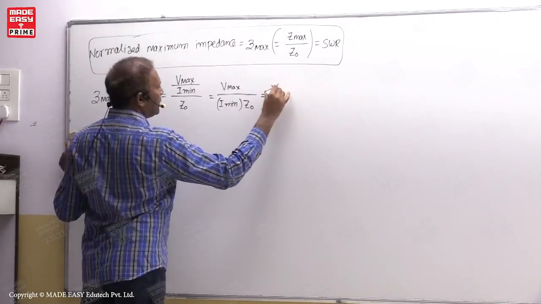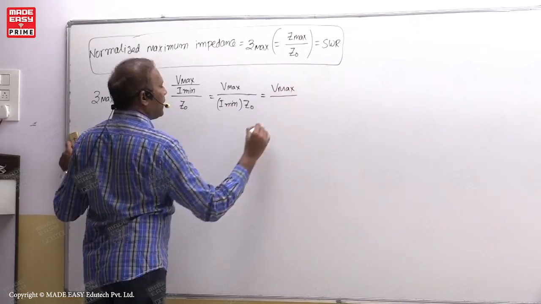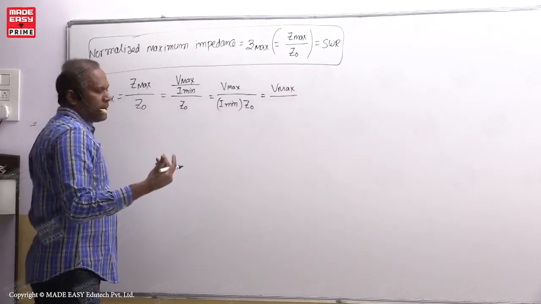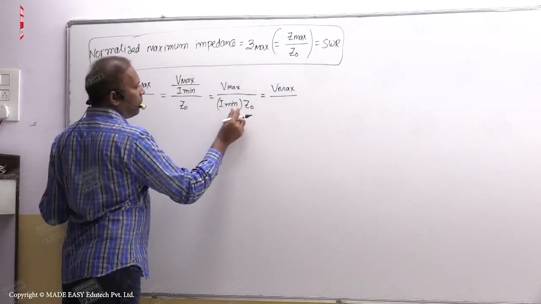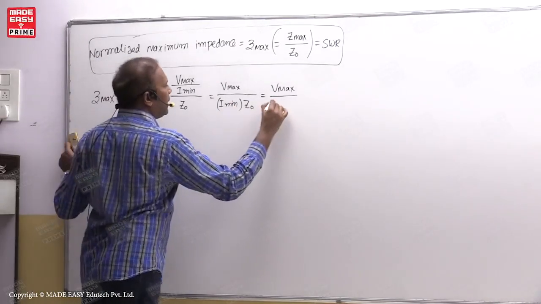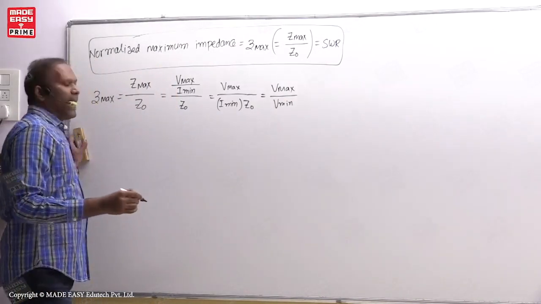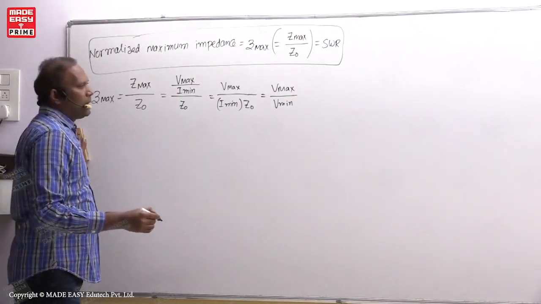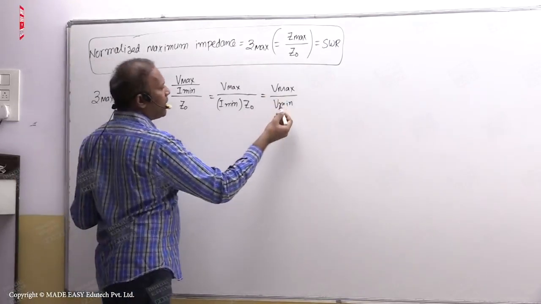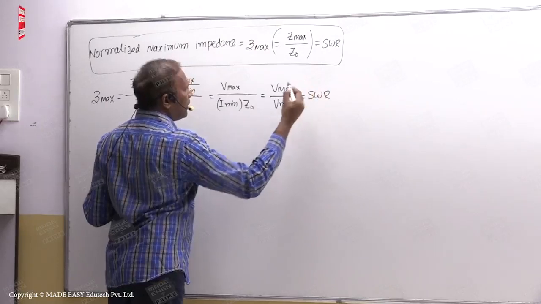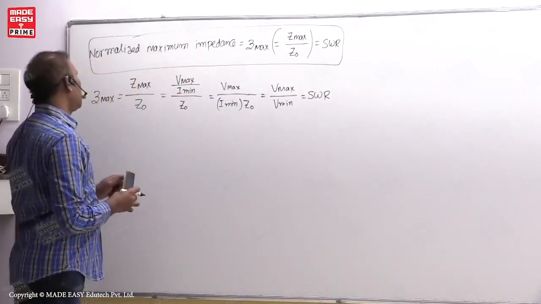So dear students, current into impedance gives voltage; minimum current into impedance gives minimum voltage, so that is V minimum. Now standing wave ratio is defined as the ratio of voltage maximum and voltage minimum. So that is nothing but SWR. That is the statement.